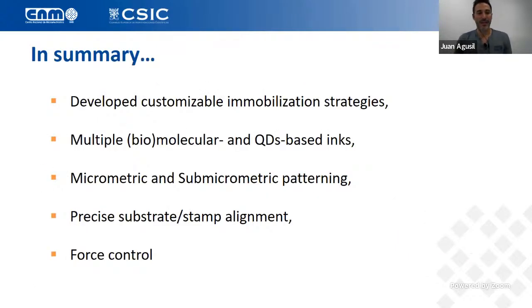So in summary, we have developed customizable immobilization strategies to covalently attach different or multiple biomolecular and quantum dot-based inks on silicon, silicon dioxide, SU-8, and glass, obtaining micrometric and submicrometric patterns along these substrates with the precise substrate and alignment required for this procedure, and without breaking any of the substrates.